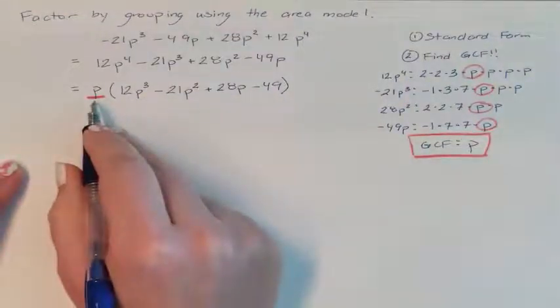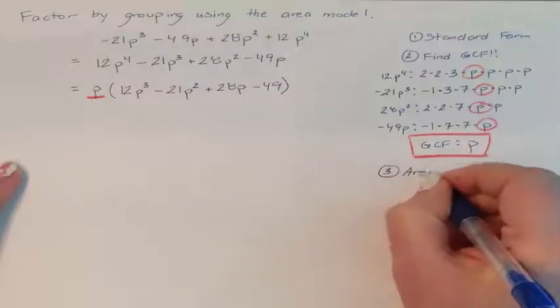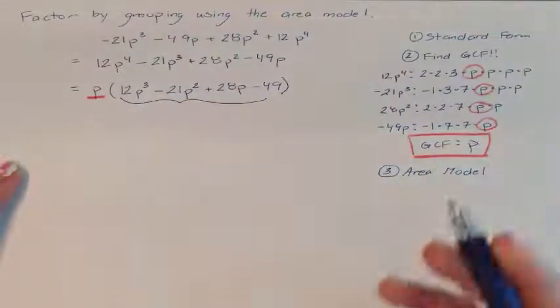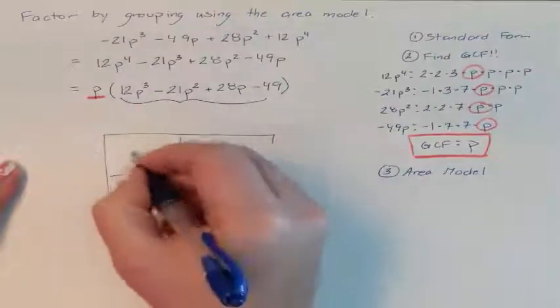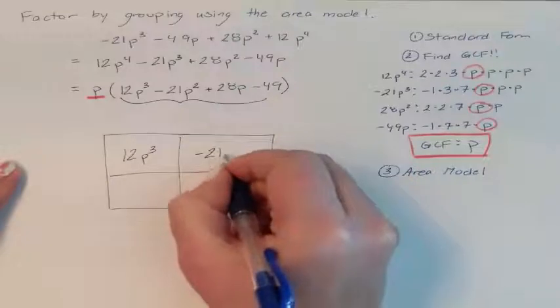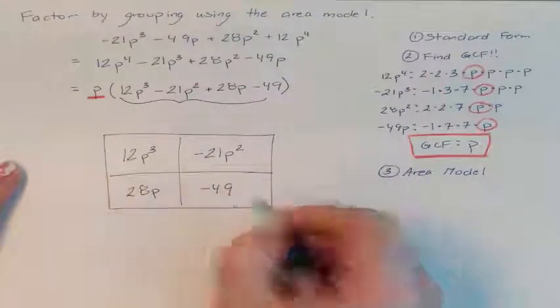So now that I found my GCF, step number 3 is to do the area model. And we're going to do the area model to what was left behind, the rest of the problem. So here is my area model. You start with the very front and you walk your way through. So 12p to the 3rd, negative 21p squared, 28p, negative 49.